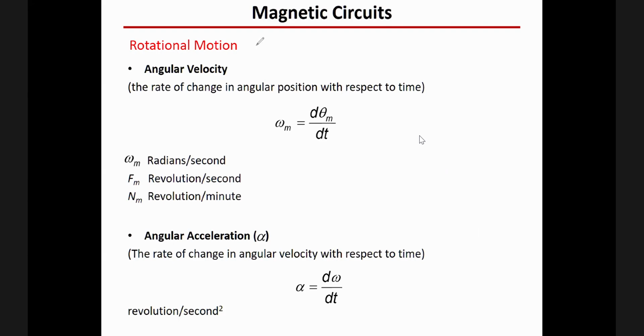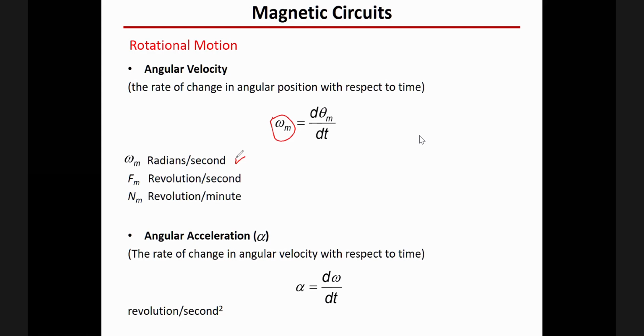So we are taking the rate, and this rate is now called omega, which is angular velocity. And the unit for this will be radians, because we're talking about angles. Angles can be measured either in radians or degrees per second, which is time.